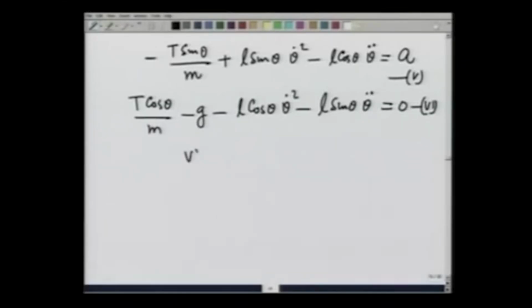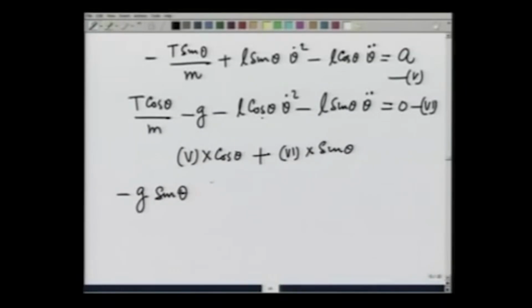Multiply equation number 5 by cosine of theta and multiply equation number 6 by sine of theta and add. If I do that, I get the first term, minus T sine theta cosine theta plus T cosine theta sine theta, that cancels. Second term, L sine theta, theta dot square cosine theta minus L cosine theta sine theta, theta dot square, that cancels. So I get minus g sine of theta.